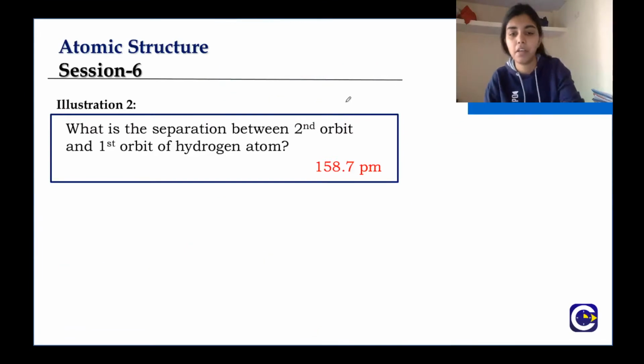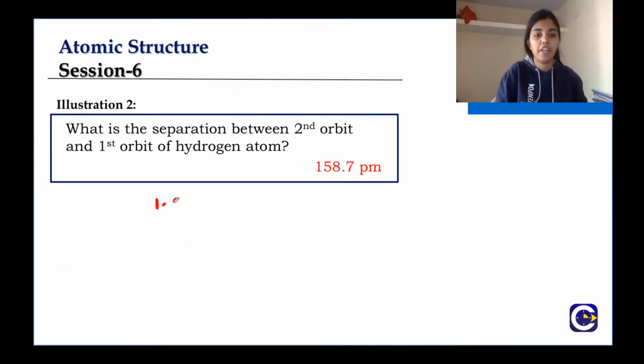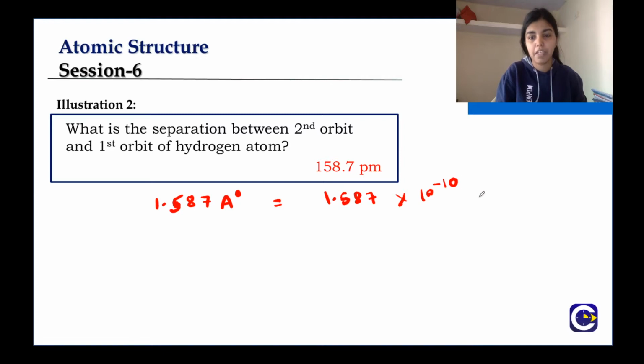1.587 angstrom we are getting, right? So this will mean what? 1.587 into 10 raised to the power minus 10 meter.